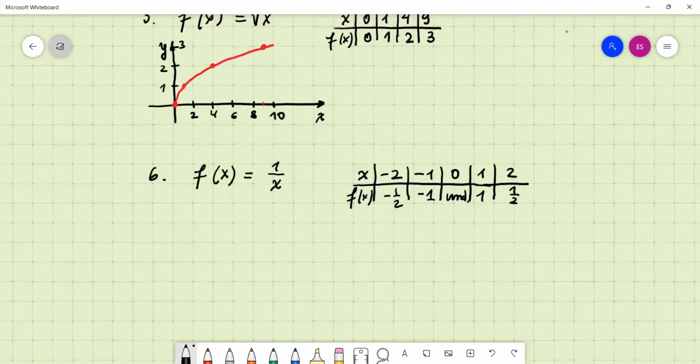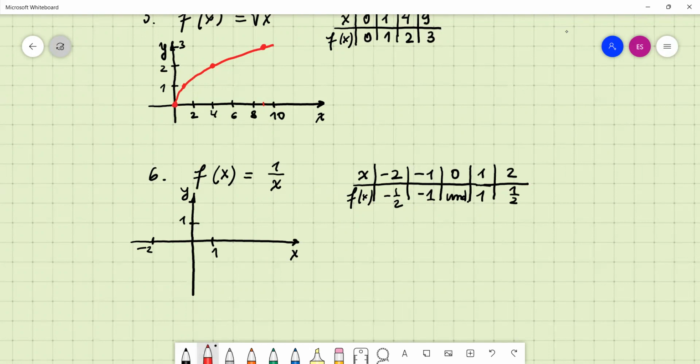Now I'm just going to use these points to build my graph. Guys, the graph is called a hyperbola. Okay. Well, that's going to be 1, that's going to be 1, that's going to be x, and that's going to be y. So let's start with -2 and -1/2. -2 on the x-axis is over here, right? -2, and -1/2 is going to be over here.